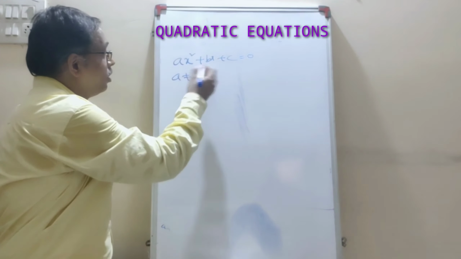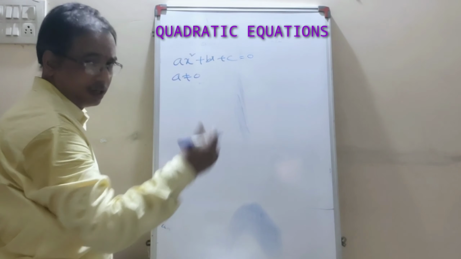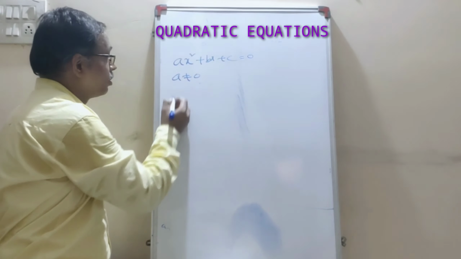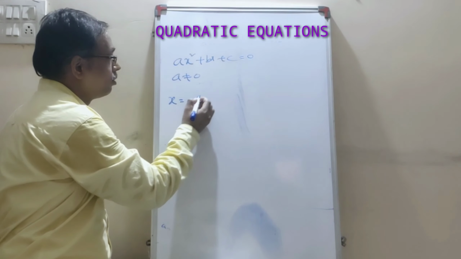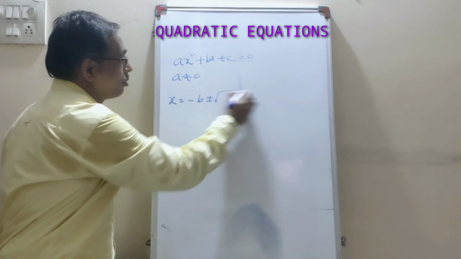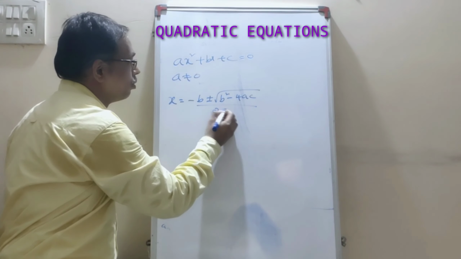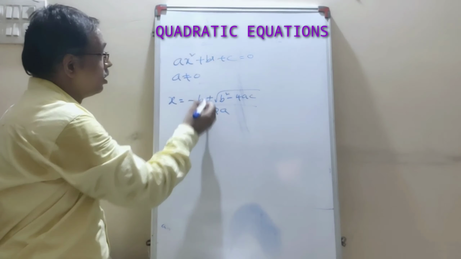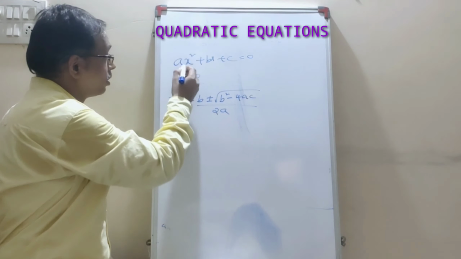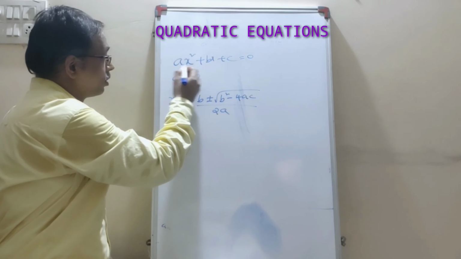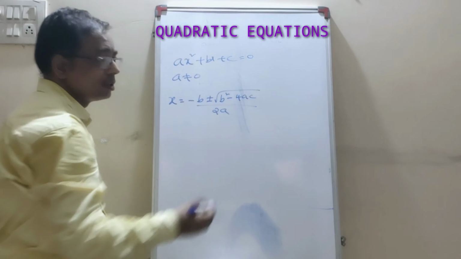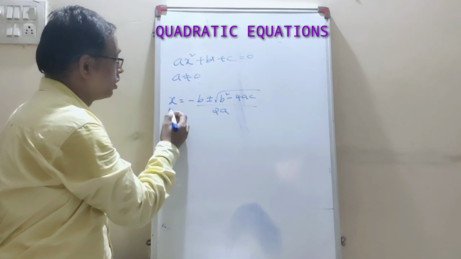Now to find the roots or solution, we have the quadratic formula, that is x = (−b ± √(b² − 4ac))/2a. Here a, b, c are real numbers, and the x² coefficient is a, the x coefficient is b, and the constant is c. By substituting these, we get the x values.